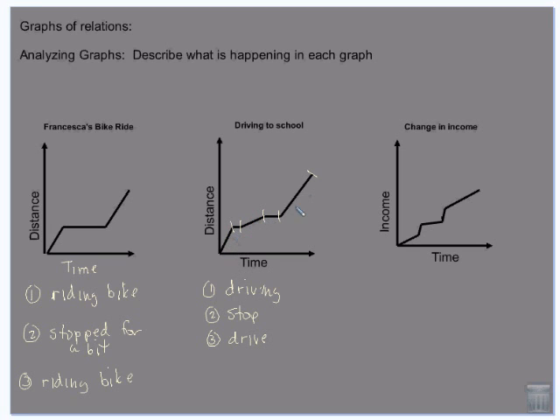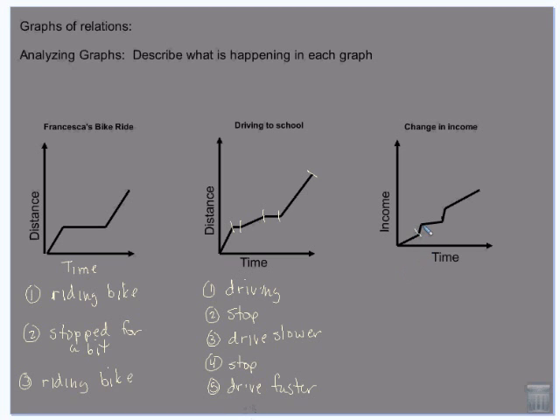These are really steep, and this is flatter. So we're driving slower, yeah. And then we stop again. And then we drive faster. Did everybody see how I got that? Yeah. Not too bad. Okay.